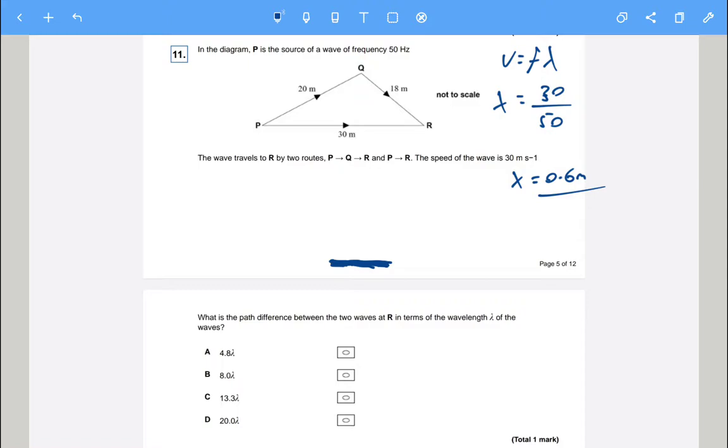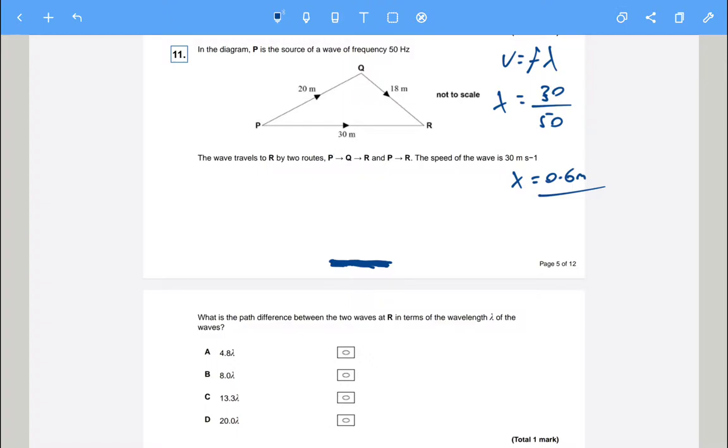Then we need to look at each path and figure out how many wavelengths there are in each path. Rather than use actual distances, we're going to do it in terms of wavelengths instead. There's two routes: P to Q, Q to R, and then straight from P to R. Let's do P to R first.